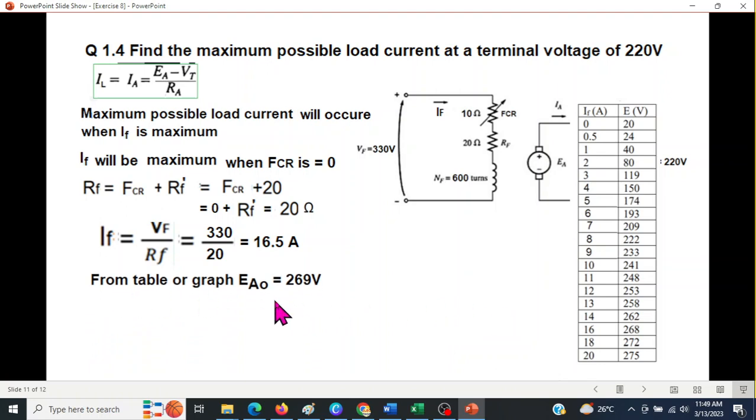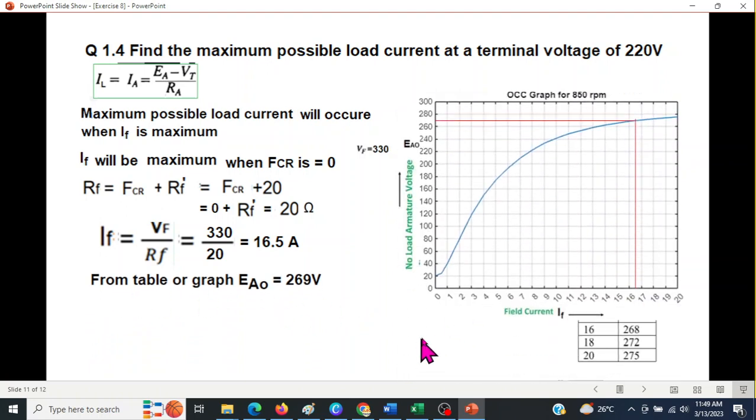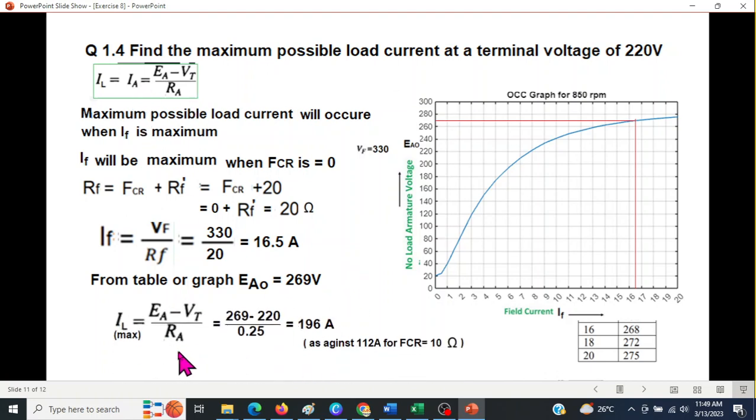Let me see the graph as well, 16.5 is somewhere here, and if we go here, then it is between 260 and 280, so 270 or 269 volt. And putting in this formula now, IL maximum will be 269 minus VT over RA, so it is 190 ampere. So this is the maximum as against 112 for the FCR 10. So when FCR is 0, you can see the load current has increased tremendously.